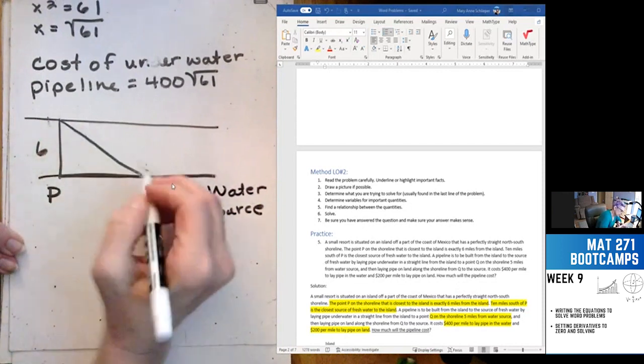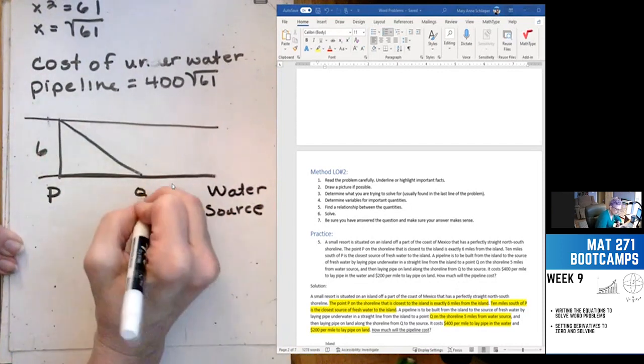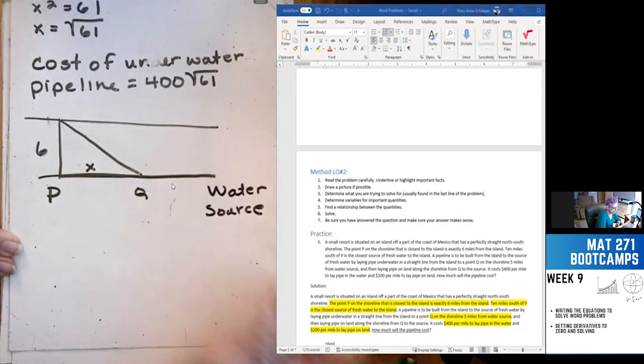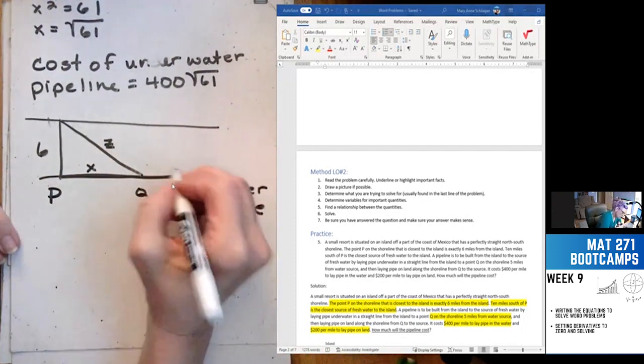But Q will be variable. So you'll name this side X and this side Z or some other variables.